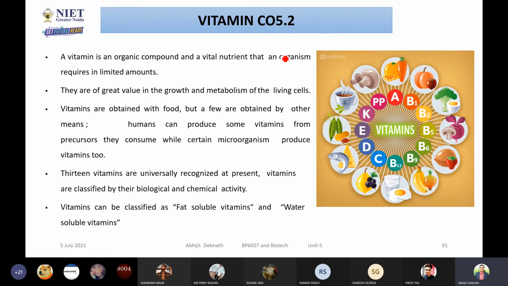Now let me also tell you a few things about vitamins. All of you are aware of vitamins. After COVID, many of you might be taking vitamin C, vitamin D a lot, including vitamin B12, because in various research papers scientists have mentioned that nutraceuticals can play a very big role in boosting your immunity.